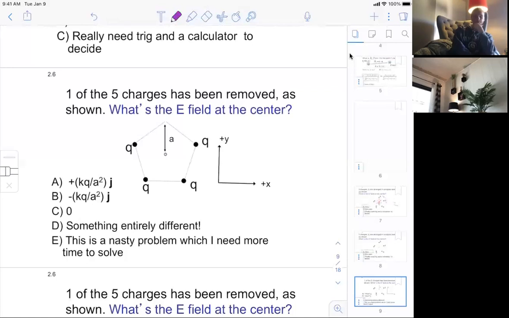Okay, we have 80% of the vote coming in. Let's go for another 15 seconds.